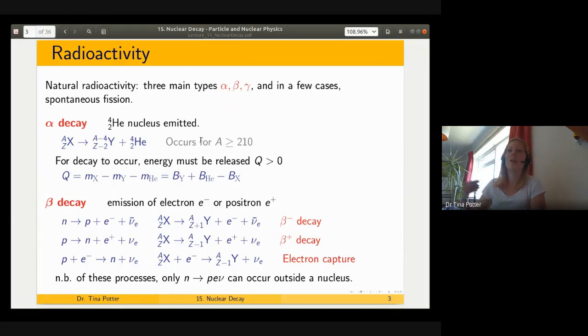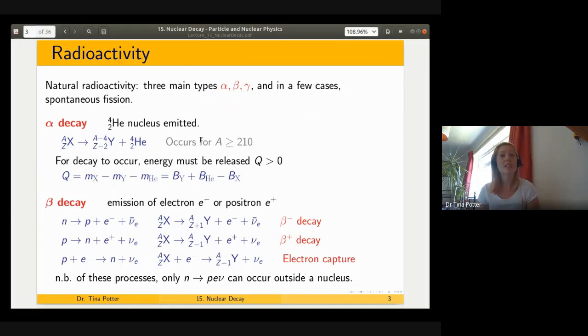So a nucleus emits an alpha particle. So it drops by 4 nucleons and it drops by 2 proton numbers as well. And we see that this happens for very heavy nuclei that have above sort of 200 nucleons.